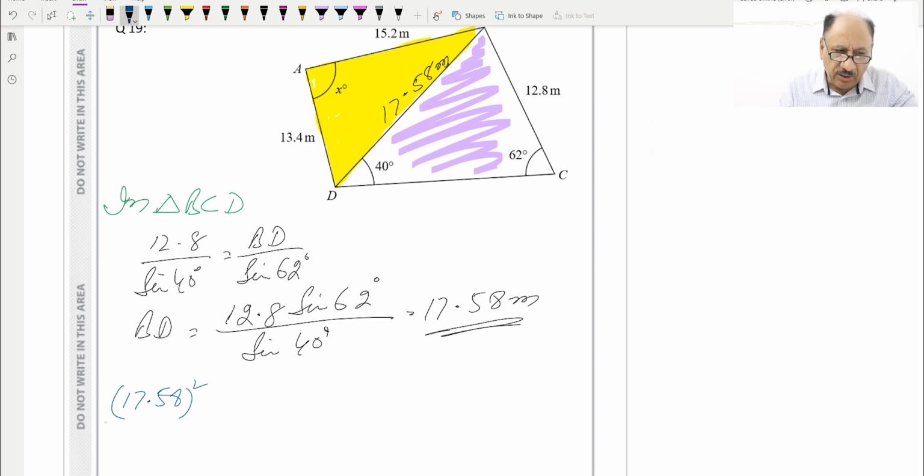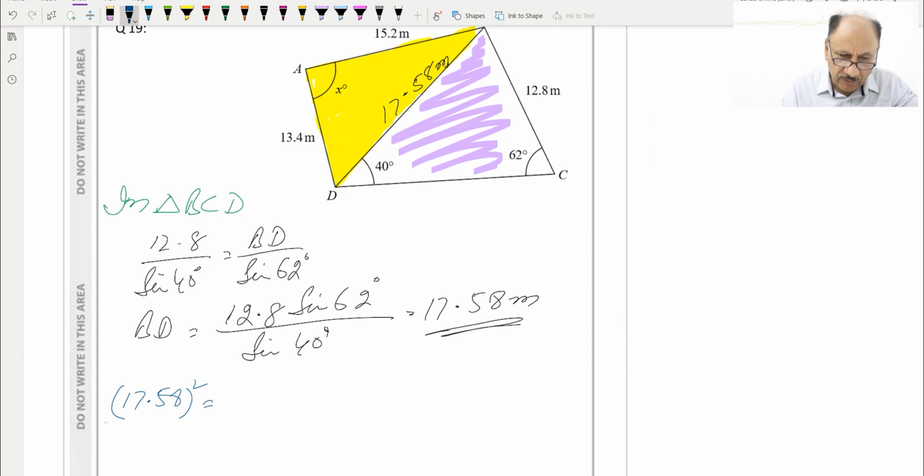You can directly apply angle formula also, or you can solve like this, whatever you like. Basically cos rule also, you can use the cos theta formula if you have memorized it.